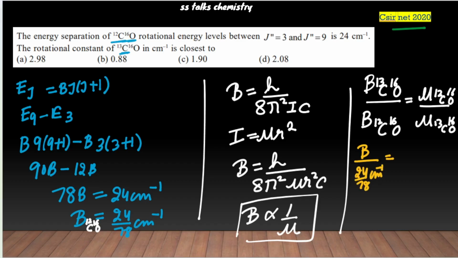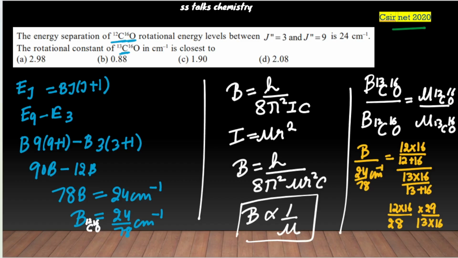This is equal to, now 12 into 16 upon 12 plus 16, which is the reduced mass of the 12 isotope of the carbon, and upon that of 13 into 16 upon 13 plus 16, right? So it's becoming 12 into 16 upon 28 into, here the 29 will be going in the numerator upon 13 into 16.